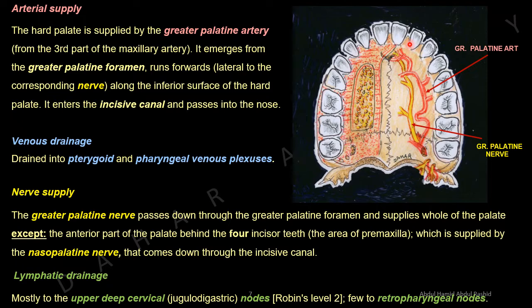It is supplied by the nasopalatine nerve, which comes down from the incisive canal. Lymphatic drainage. Most of it drains to the upper deep cervical nodes, Robbins level 2, and also drains to the retropharyngeal nodes.